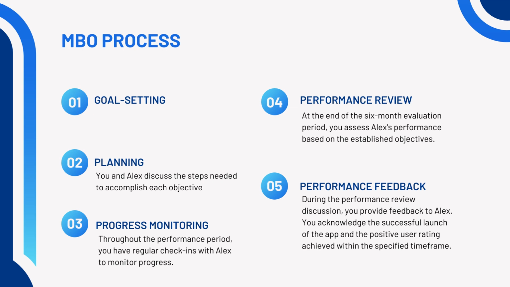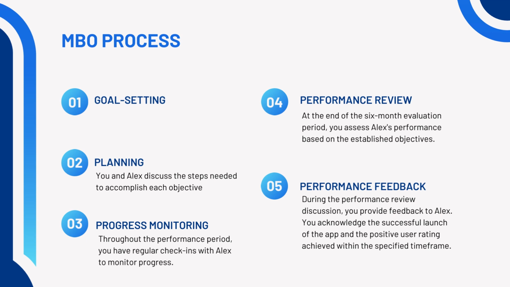Then we proceed now to progress monitoring. Throughout the performance period, you have to regularly check on Alex and monitor his progress. You review completed tasks, address any obstacles or concerns, and offer guidance or adjustments as needed. Alex provides updates on the development process, user feedback, and even marketing collaboration.